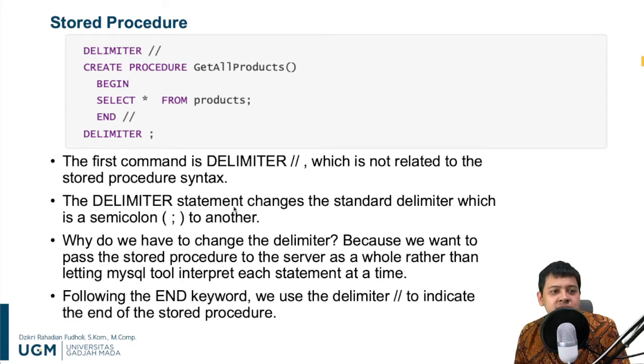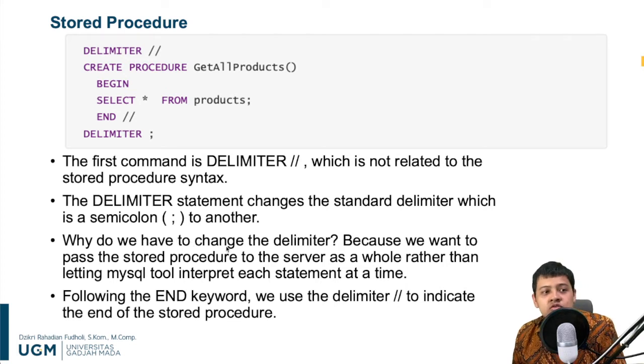The delimiter statement changes the standard delimiter, which is the semicolon, to another. So here we are changing the delimiter to this one, and then we change the delimiter back to the semicolon.